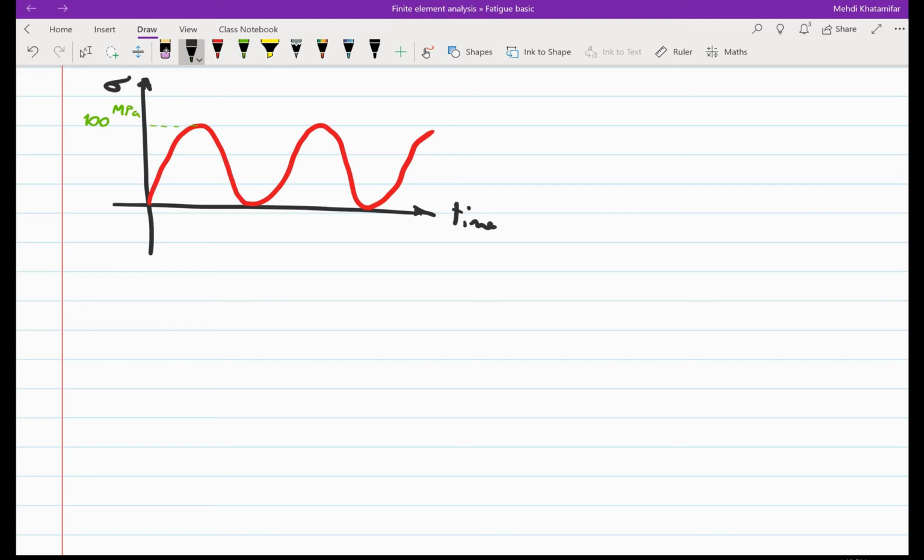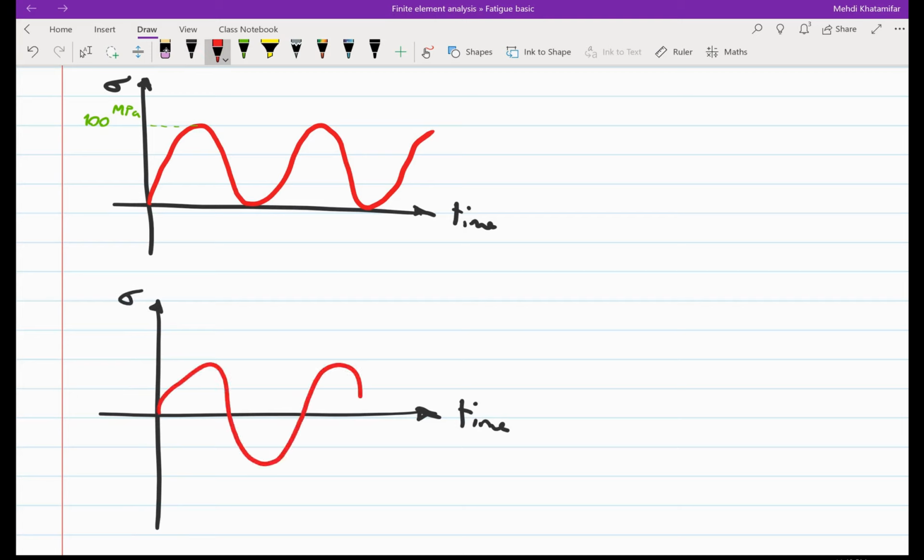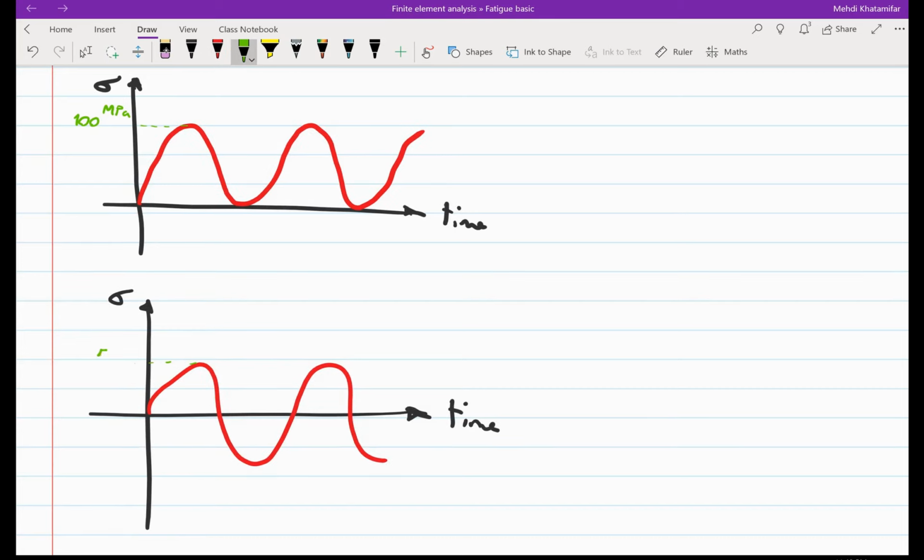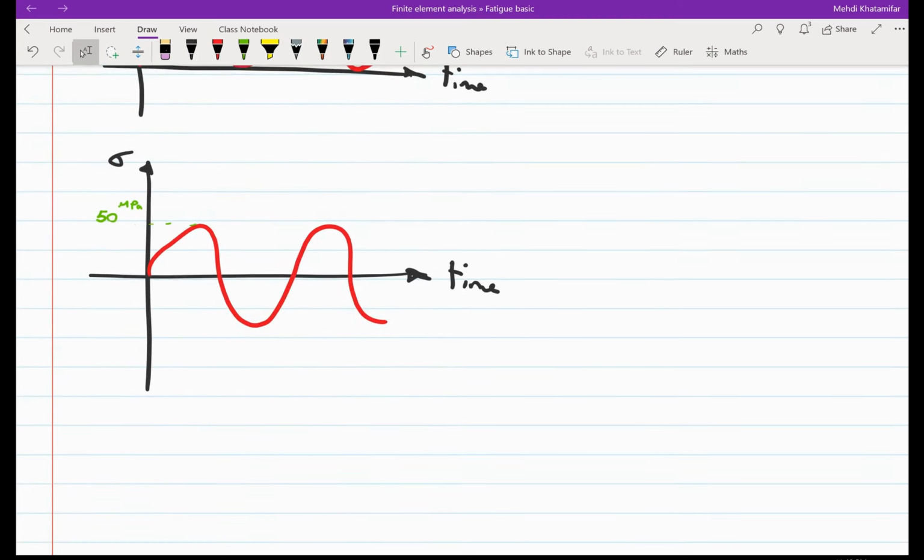The second type we are going to work with is fully reversed. Fully reversed is something like this, and the maximum stress is going to be 50 megapascal, and the minimum is negative 50 megapascal.